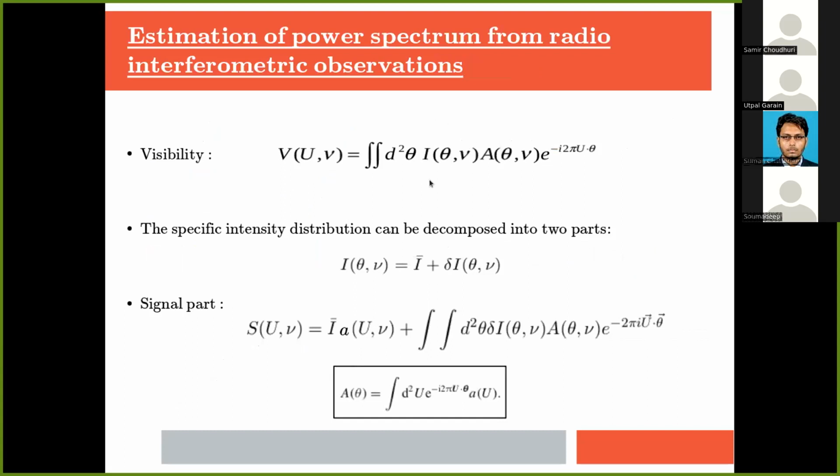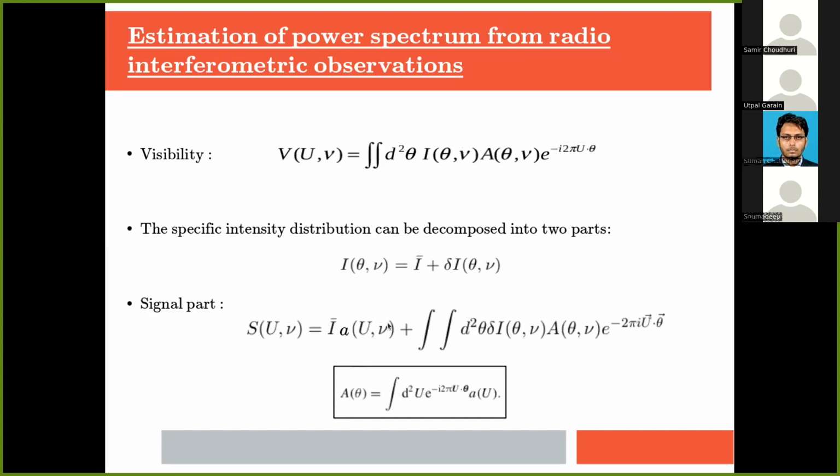Now this specific intensity we can decompose into two parts. One is I bar, the mean part, and a fluctuating part. So if we substitute this in this equation, then this I bar comes out and you are left with only the Fourier transform of this primary beam pattern, which is written here as the small a(u, nu), and there is another part which captures the fluctuating part of the specific intensity.